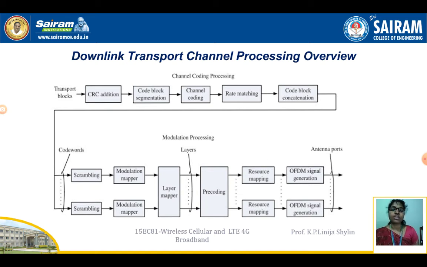By the blocks themselves we will come to know that the channel coding process consists of CRC addition, code block segmentation, channel coding, rate matching and code block concatenation. First in this session we will discuss only channel coding processing.